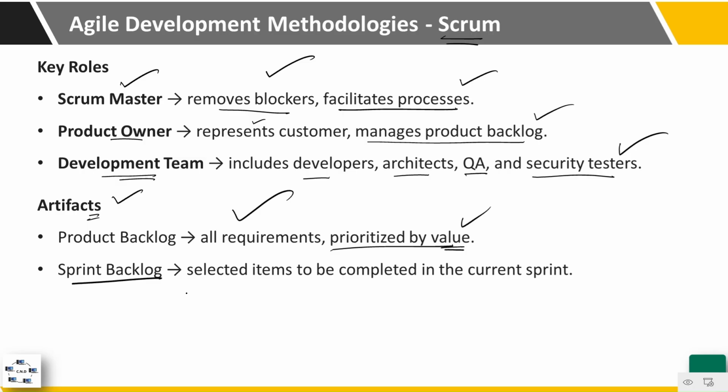Then we have the sprint backlog, which are selected items to be completed in the current sprint. Sprints are cycles, the iterative processes during the overall development project, and sprints are short-term phases, for example, 2 weeks, 4 weeks, or 2 months. And the sprint backlog basically includes the requirements or the items that need to be included in that specific sprint.